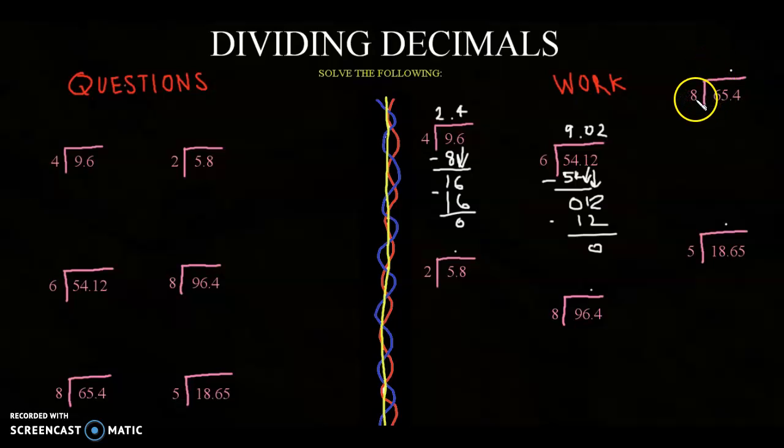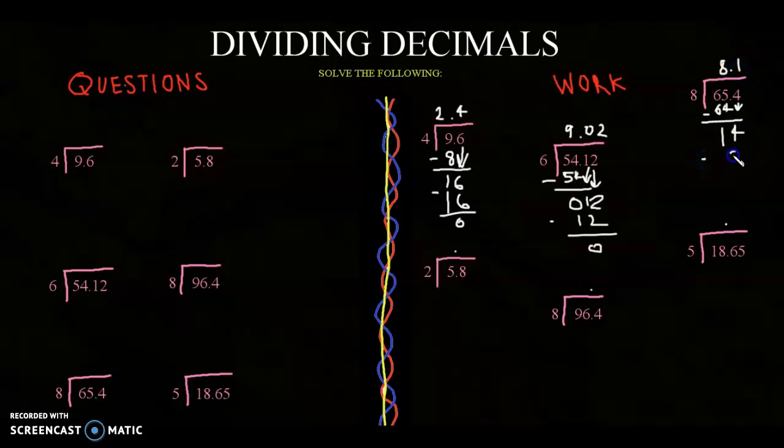Okay, move on. Does 8 go into 6? No. Does 8 go into 65? Yes. How many times? No, it's 8, because 8 times 8 is 64, right? So 8 times 8, 64. We get a 1, and then we bring down the 4. What do we have? 14. Okay.